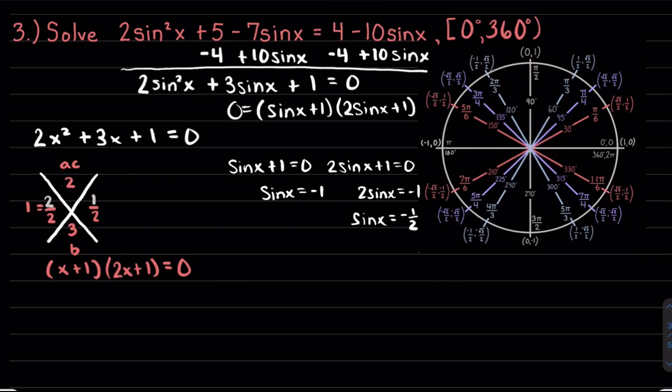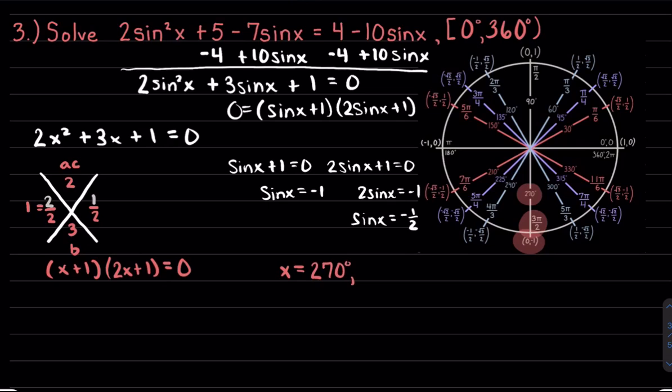So I'm trying to find the values of x where sine is equal to negative 1 in terms of degrees. So let's check this out. Sine x equal to negative 1. Remember, sine is the y value. The y value is negative 1 at 3 pi over 2, but remember we want our domain in terms of degrees. So in this case, I would say x is equal to 270 degrees.